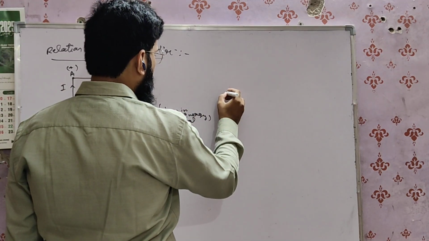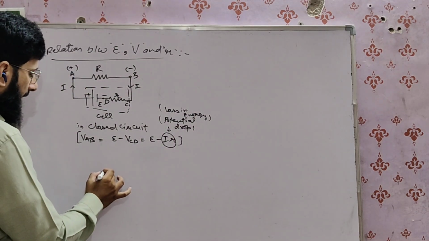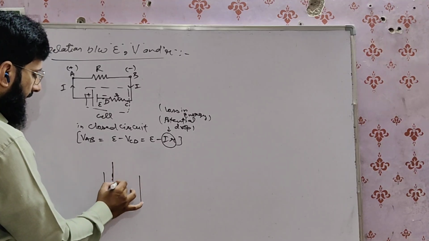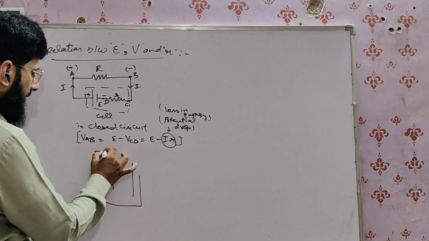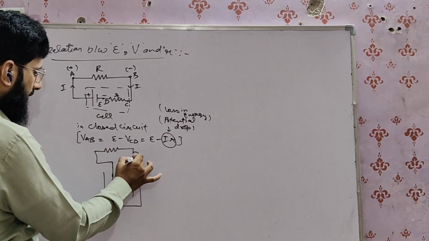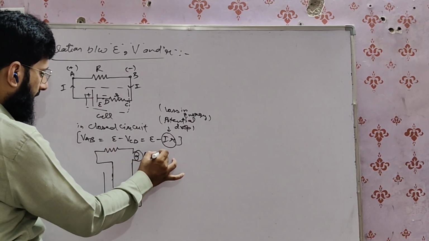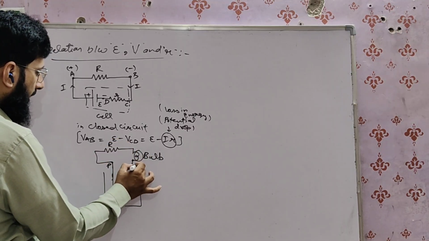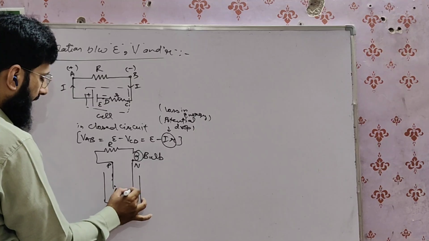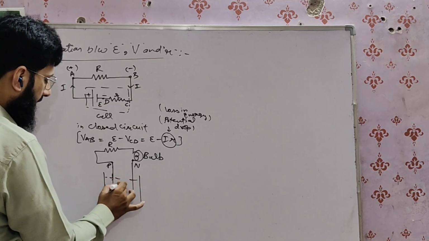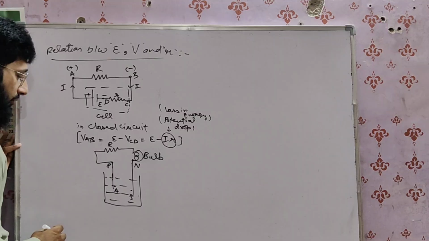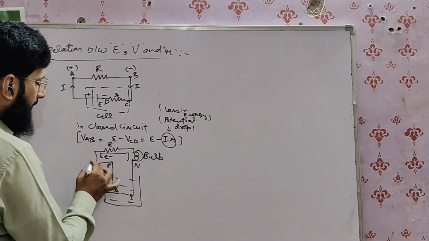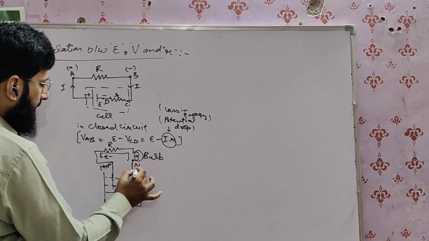So we try to learn by an image. This is an electron, this is an electrode. This is a bulb, this is a resistance, P point, N point, A point, B point, electrolyte solution. Definitely, electrons will move from the negative terminal to the positive terminal.